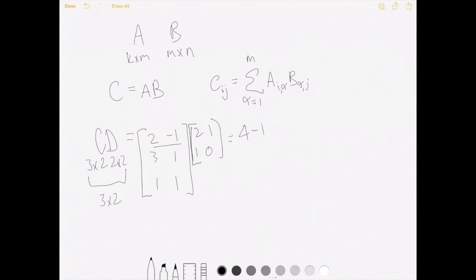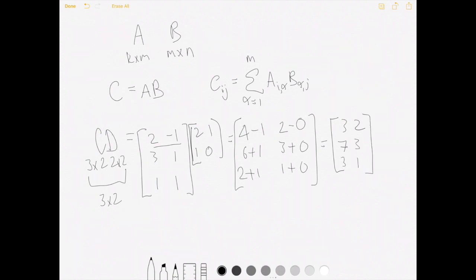Similarly, we go on, we get 2 minus 0, 6 plus 1, 3 plus 0, 2 plus 1, and 1 plus 0. So our final product is 3, 2, 7, 3, 3, 1.